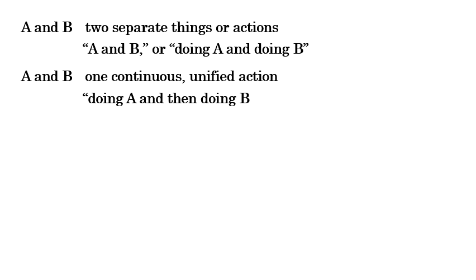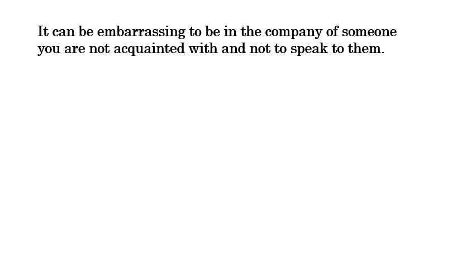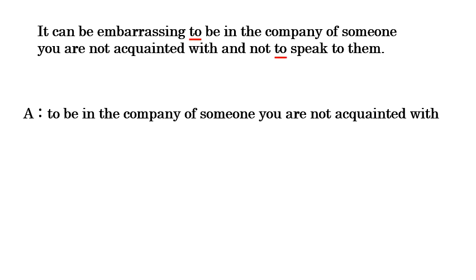Right. Now, if we express the sentence in question as "It can be embarrassing to be in the company of someone you are not acquainted with and not to speak to them," what impression do you get? Since both infinitive phrases have "to," given that the first is A and the second is B, it feels like they are two separate, independent units.